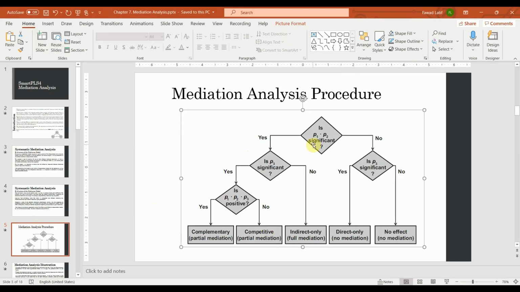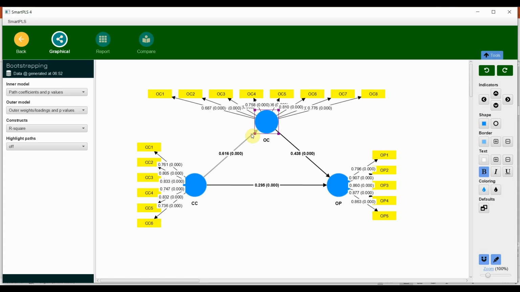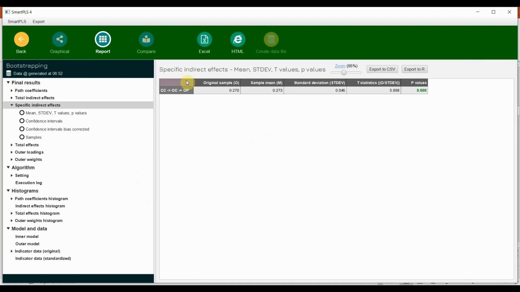So step 1, is P1, P2 significant? Have a look here. Is it significant? Yes, it is significant. Why is it significant? Because the p-value is less than 0.05. Look at the beta, 0.270. How do you get this value, 0.270?